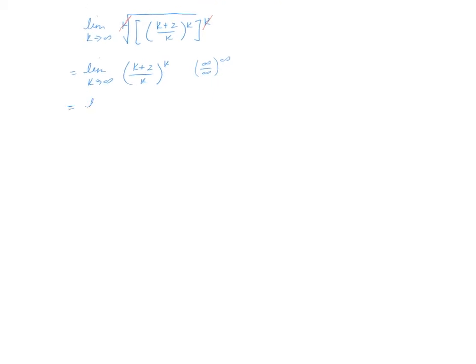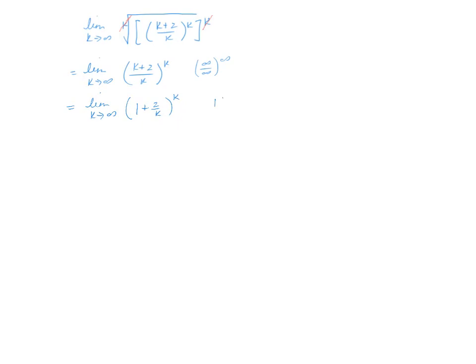What I do notice is that I have a single term k in the denominator, so I could break this up as 1 plus 2 over k to the k power. And now when I take the limit as k goes to infinity, 2 over k goes to 0.